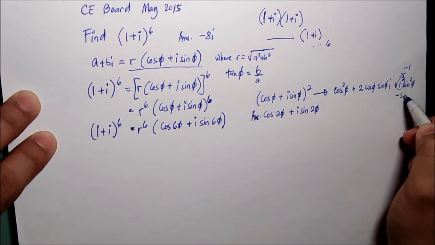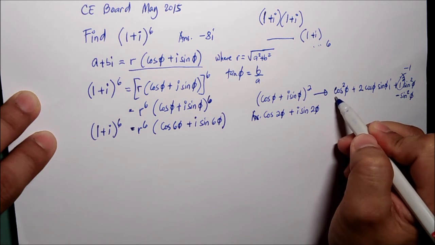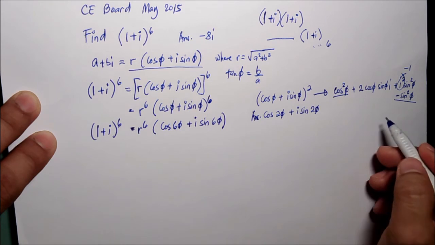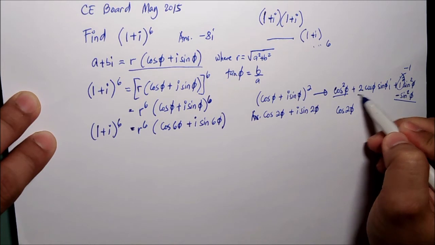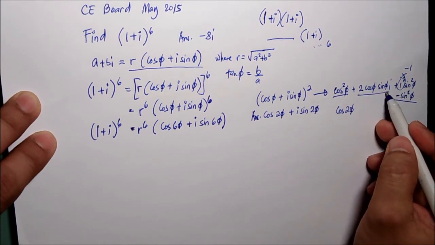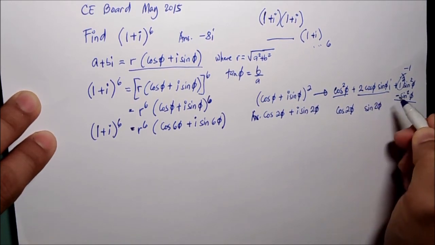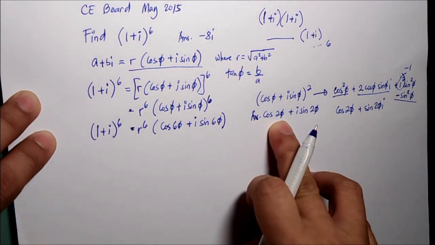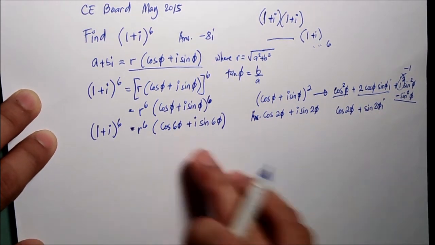So this will be negative sine squared theta. From our trigonometric identities, cosine squared theta minus sine squared theta is equal to cosine twice theta, and also 2 cosine theta sine theta is equal to sine twice theta, times i. So they are now the same: cosine twice theta plus i sine twice theta. So this is the same concept.